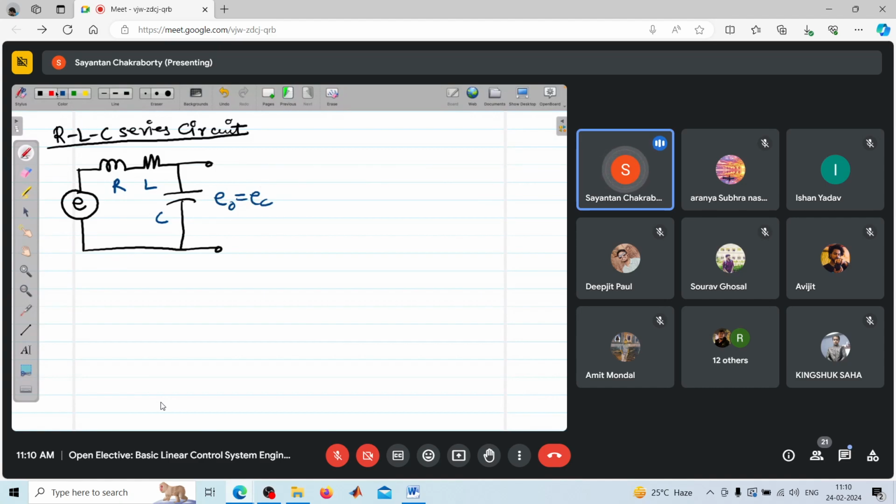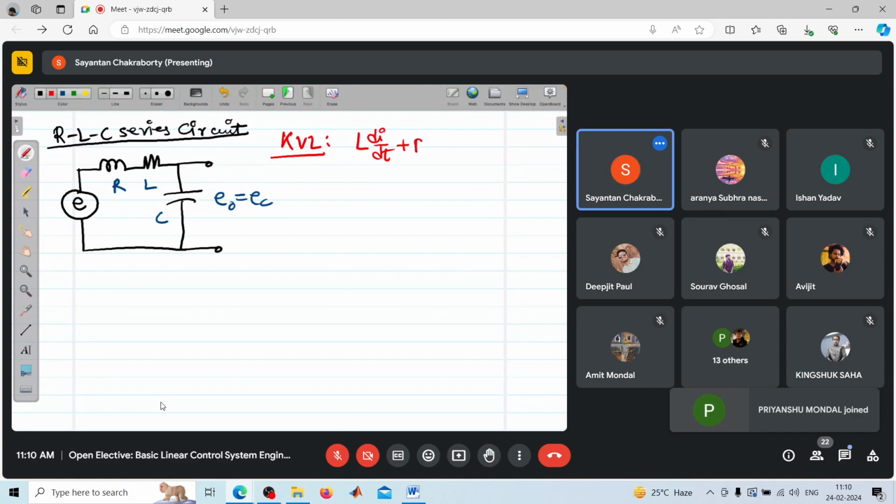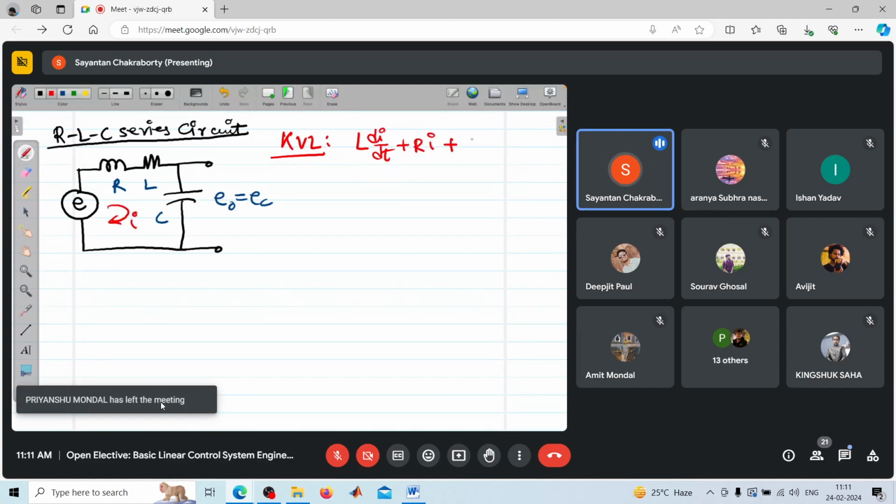For that, you can write the KVL as L di dt plus Ri, where i is the current, plus 1 by C integration i dt is equal to E.